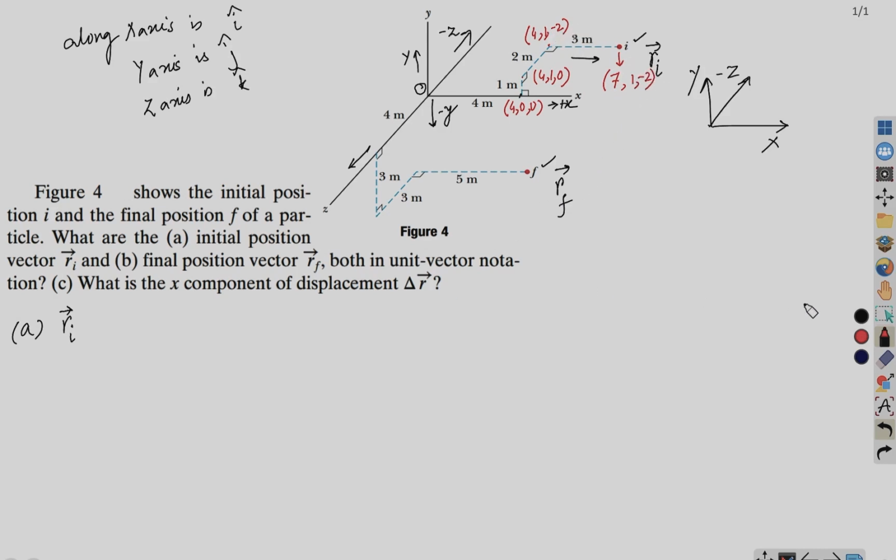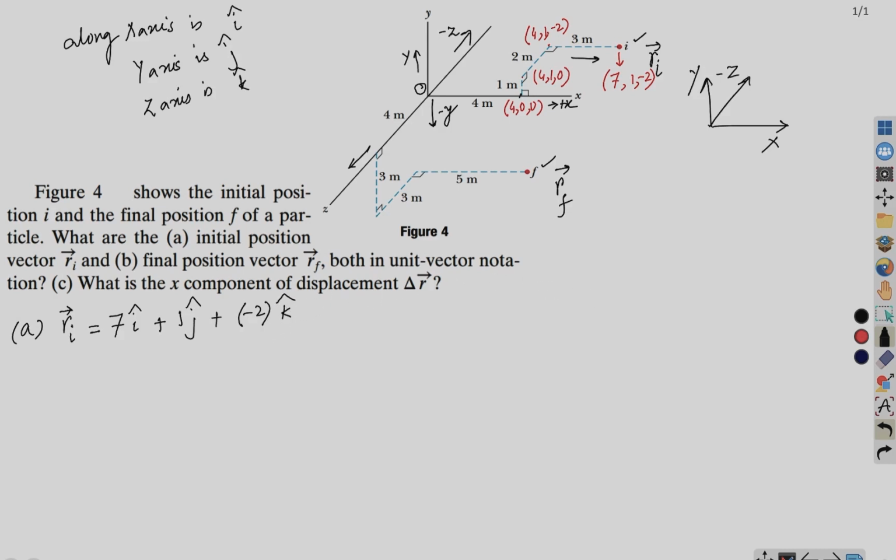So we obtain the coordinate of this point, which is basically the Ri vector. In the language of vector components, we can write this as 7 i cap plus 1 j cap plus -2 k cap.